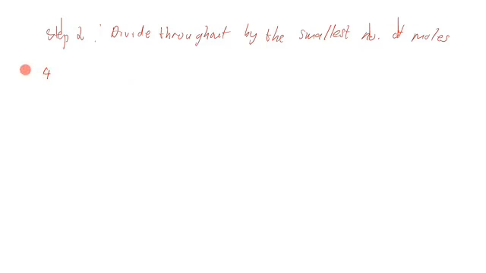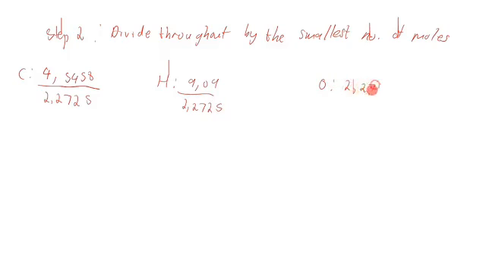So for carbon, it's 4.5458 divided by 2.2725, and for hydrogen, it's 9.09 divided again by 2.2725, and for oxygen, obviously we divide by the same number, 2.2725.